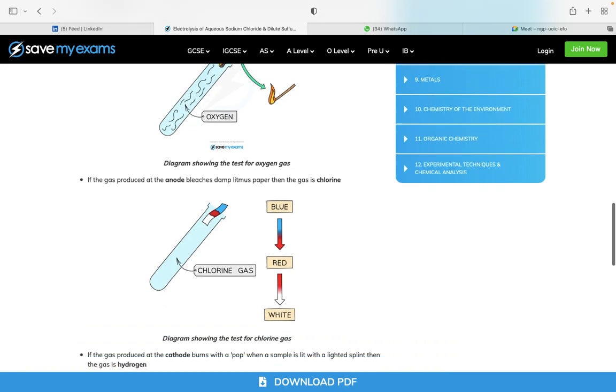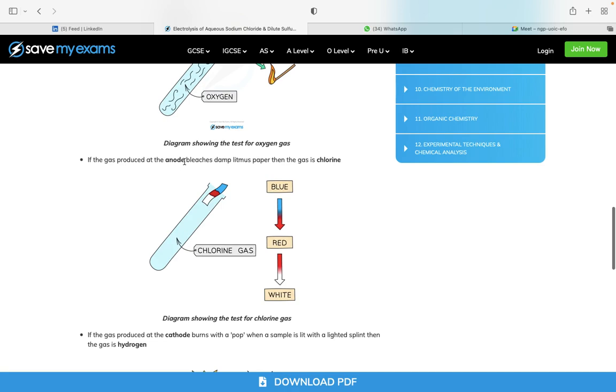So you bring another test parameter: a damp blue litmus paper. When we say damp, it's a bit wet.